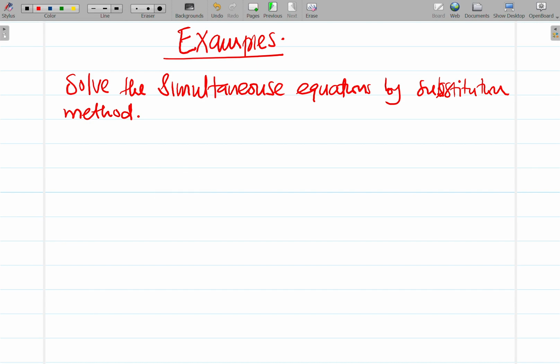So the equation is 2x plus y is equal to 7, then 3x minus 2y is equal to 0. Let us solve this.